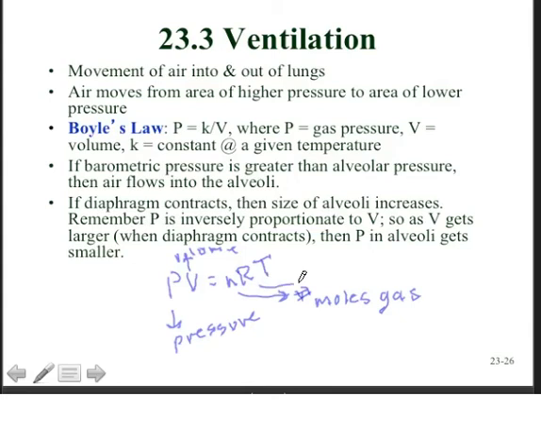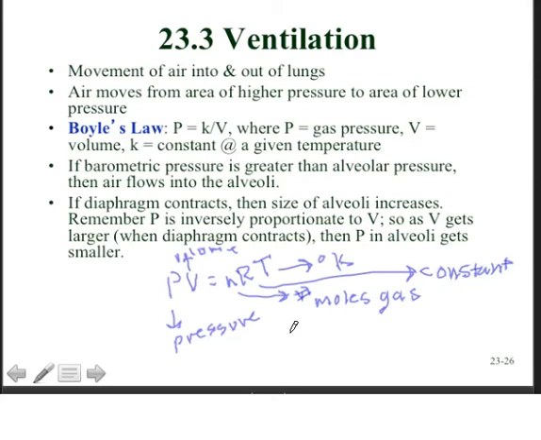R is a gas constant. And T is the temperature in degrees Kelvin. That's the perfect gas law, and it covers all these other laws that you're going to see here.